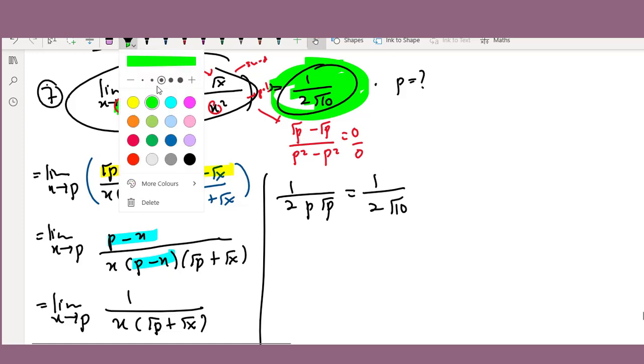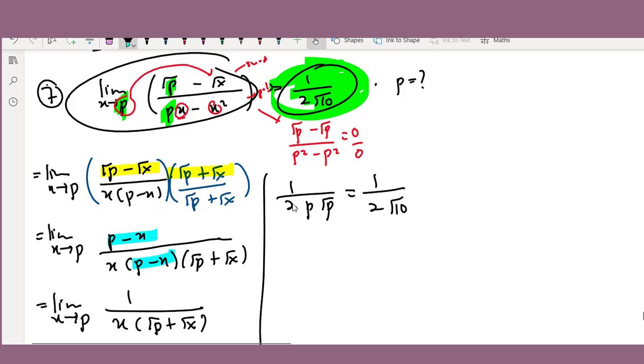Okay, and then you can compare. This is 1 over 2, better simplify. p cube root of p is equal to cube root of 10, because 1 over 2 is equal to 10.